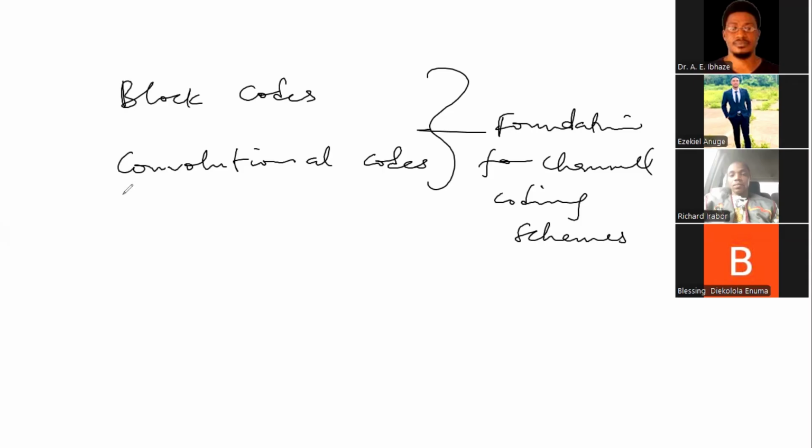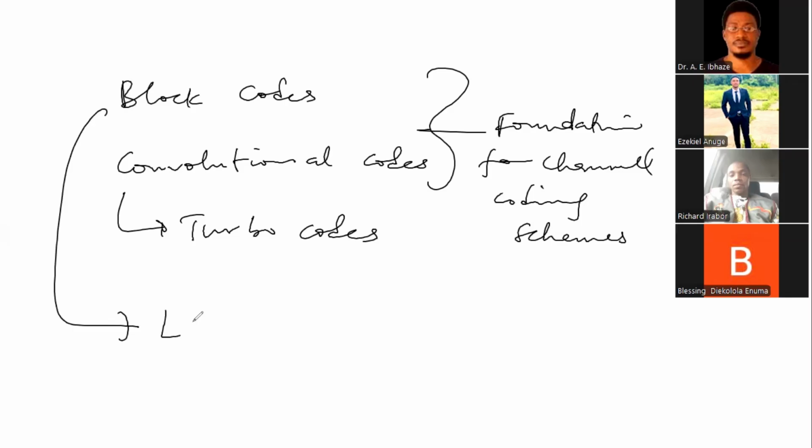And examples of such codes are the turbo codes, which modify the convolutional codes, and the low density parity check codes, which literally modify the block codes. And we see that in 5G technology and some other wireless communication technology, we now prefer the LDPC codes, or better still, the turbo codes.